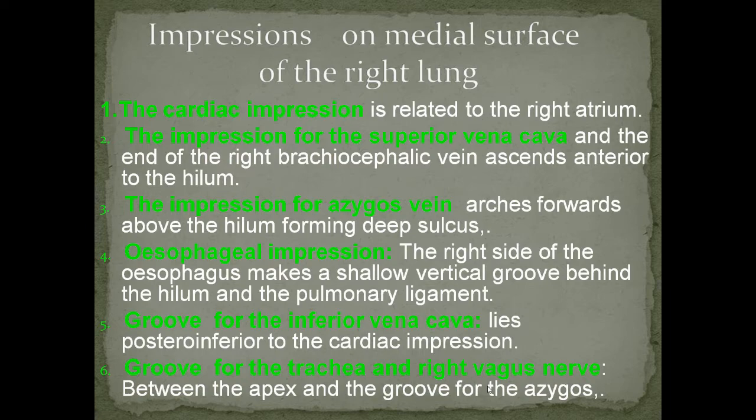And the esophageal impression: the right side of the esophagus makes a shallow vertical groove behind the hilum and the pulmonary ligament. Groove for the inferior vena cava, and the groove for the trachea and the right vagus nerve between the apex and the groove for the azygos vein.